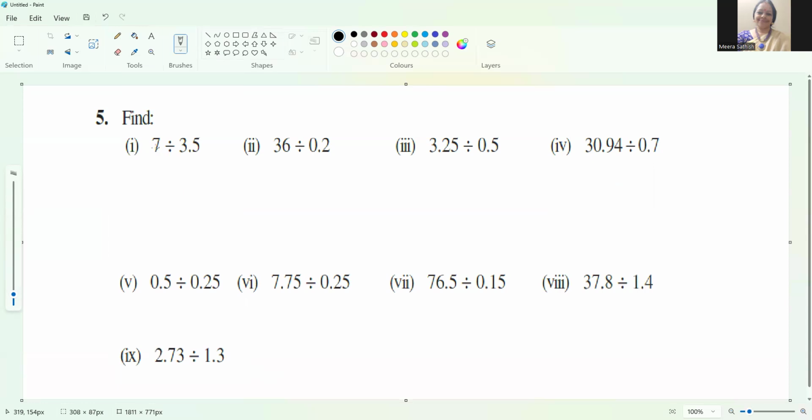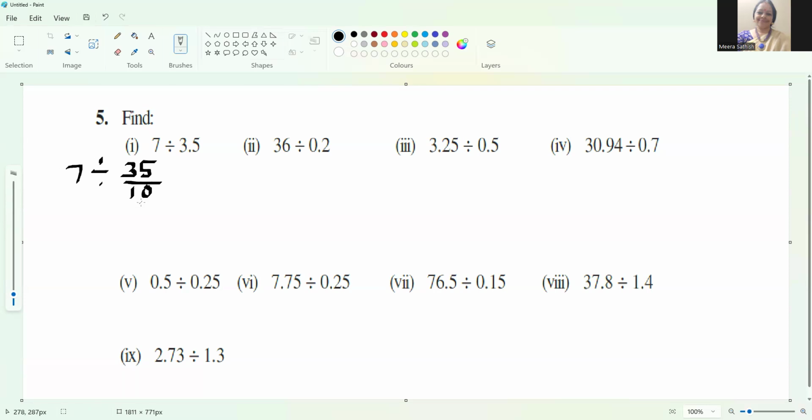The denominator is a decimal. So first, convert this decimal into a fraction. How? 7 divided by 3.5. How will you convert into a fraction? 35 by 10. 1 decimal place, no? So 10. So 35 by 10.